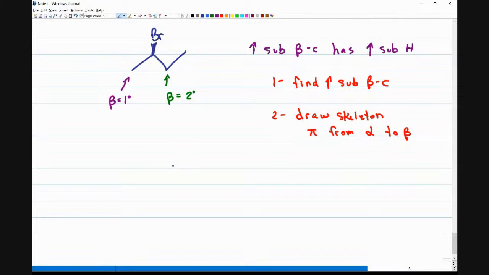I redraw the skeleton. And then, because this is my alpha and my more substituted beta, I just draw a pi bond from alpha to where I had the more substituted beta. And that's it. That's my most stable, most substituted product without having to look at anything else, because I'm good to go. So this is called my Zaitsev product. Or if your professor asks it in a different form, this is your major product.